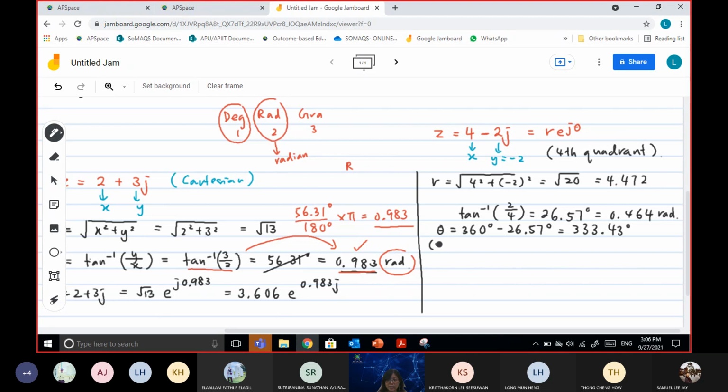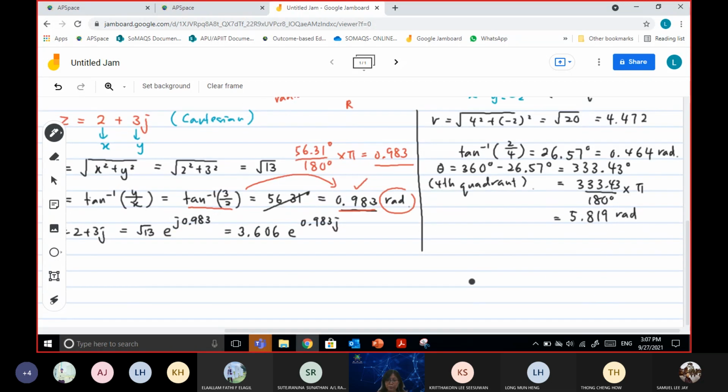So this reflects the angle in the fourth quadrant. If you convert this to radian, you get 5.819 radian.